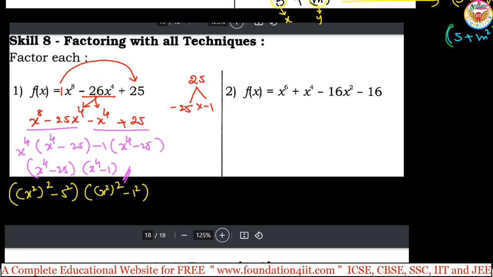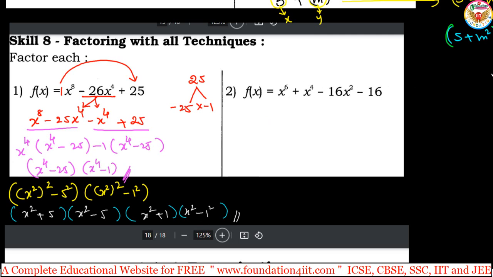Now finally we can make the first one into a product of two terms, and the second also into a product of two terms, using the a square minus b square formula, that is a plus b into a minus b: x square plus 5 into x square minus 5, and x square plus 1 into x square minus 1. So like this, as much as is possible, you can simplify. Even 1 you can write as 1 square, and the a square minus b square formula can still be applied in the next step. So that way you can continue this problem.